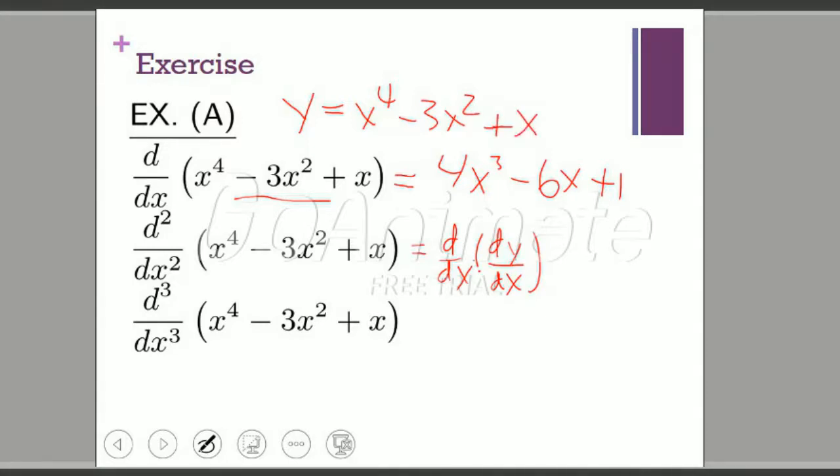So the derivative of the derivative goes exactly into here. So we take the derivative of the top, which is then just 12x squared minus 6.